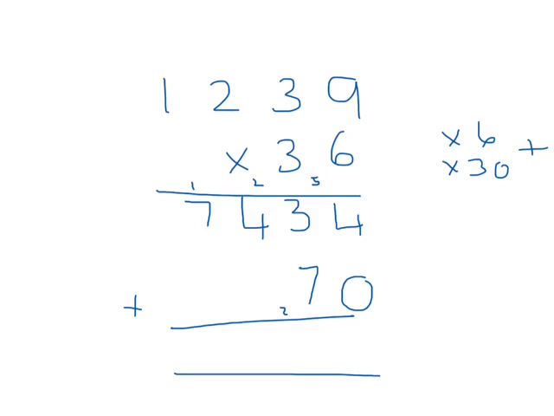Then 3 times 3 is 9, and the 2 is 11. And then 3 times 2 is 6, and the 1 is 7. And then the last one, 3 times 1 is 3.